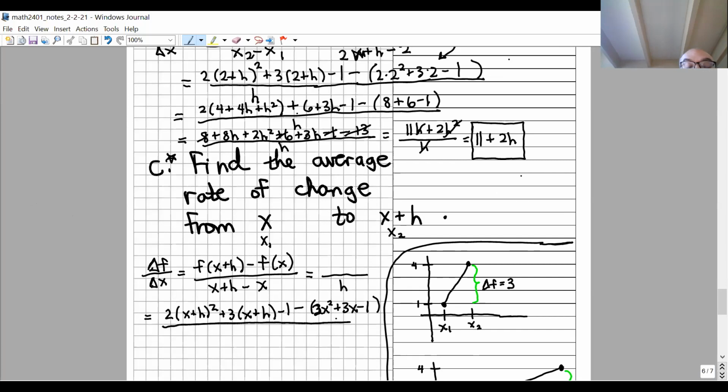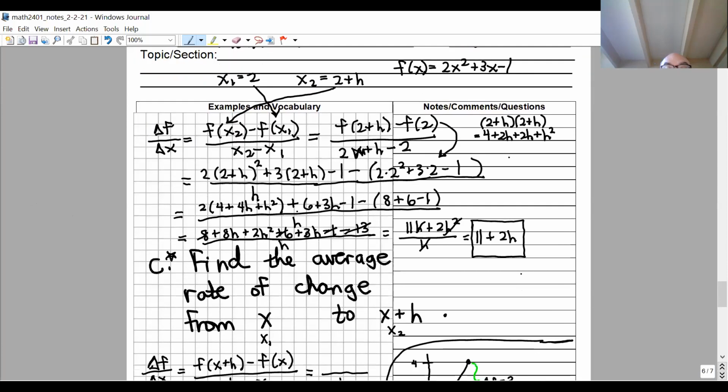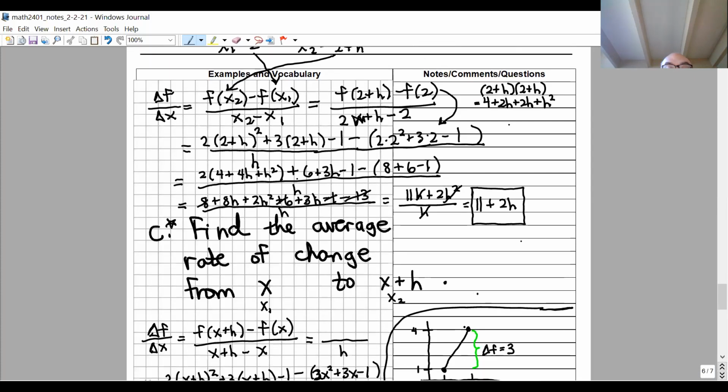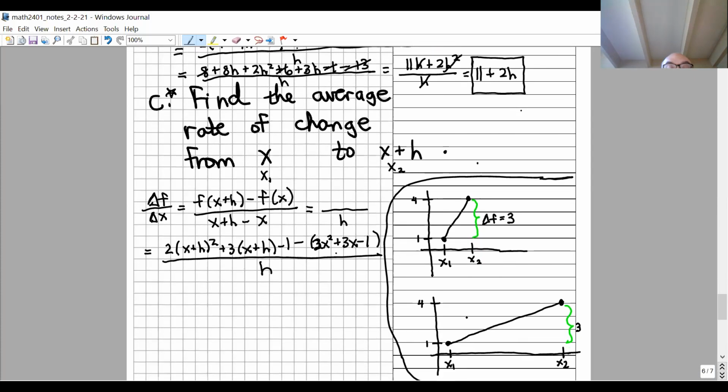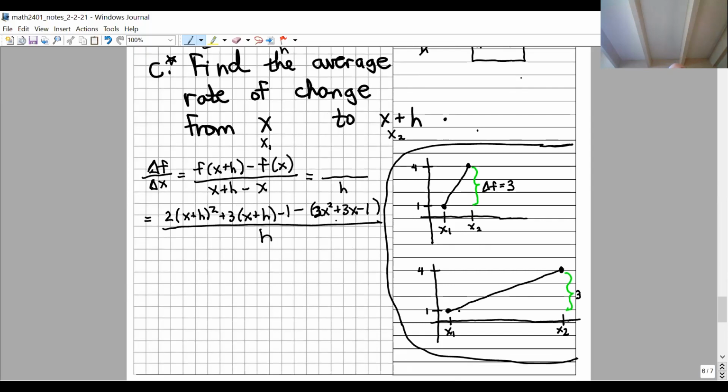And then all of this divided by h. Okay, so that's a 2, right? Did I write that down right? Yeah, that's a 2. All right, so this is where I'm going to let y'all do a little bit of work here, because I want to see if y'all can do the algebra.